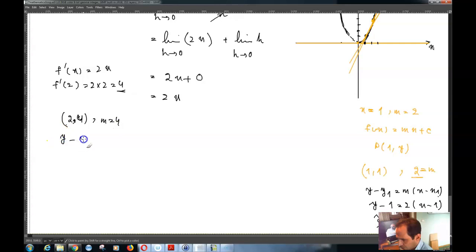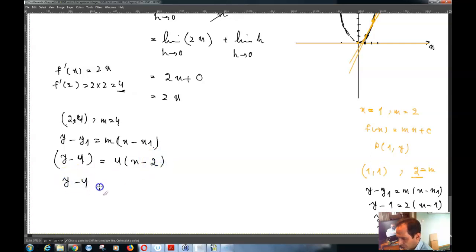So again, y minus y1 is equal to m times x minus x1. So y minus 4 is equal to 4 times x minus x1, which is equal to 2.